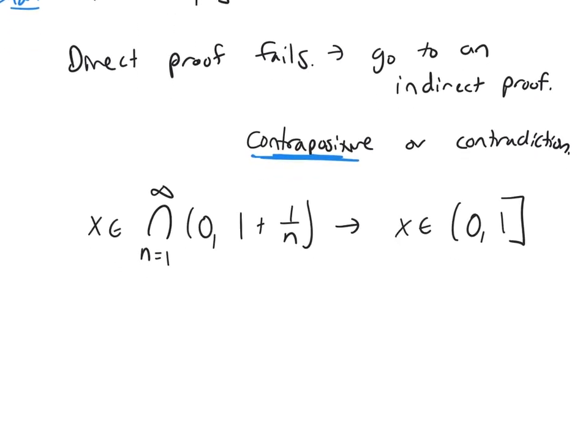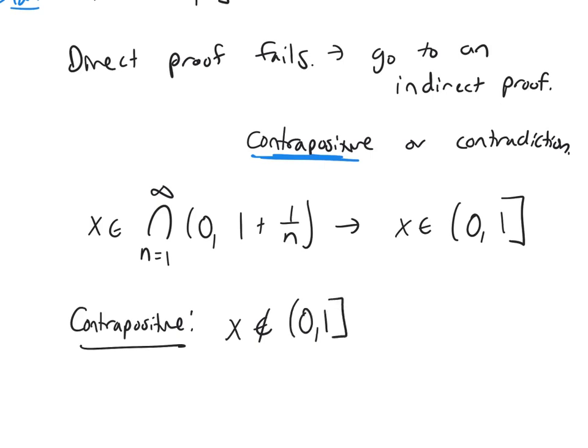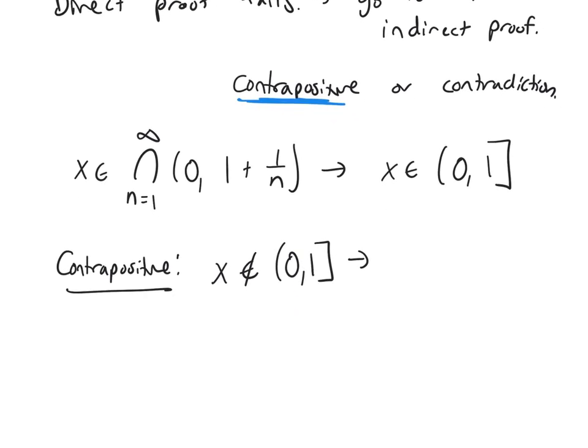Now we want to write the contrapositive of this statement. The contrapositive, remember, you flip them and negate them. So x is not in (0, 1], then x is not in the intersection of these intervals.